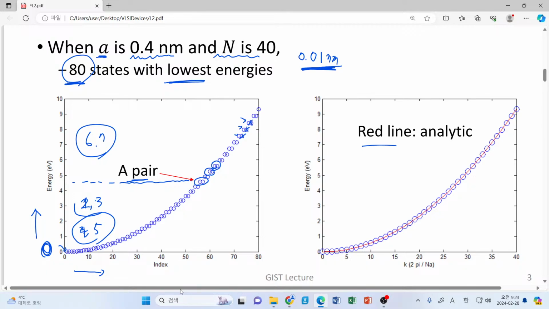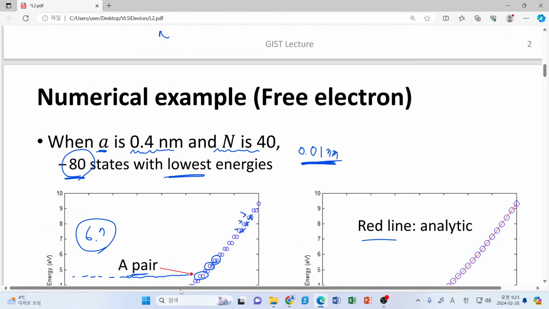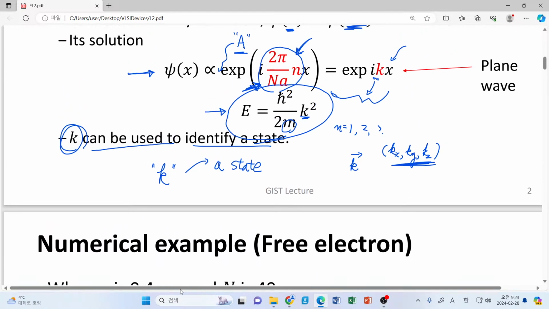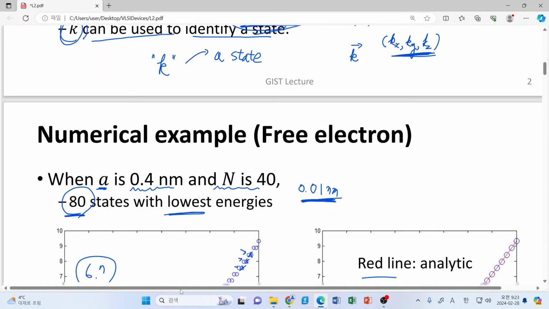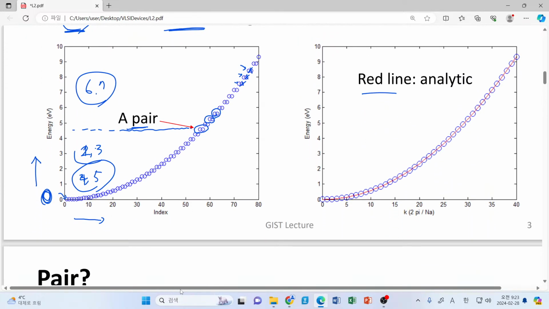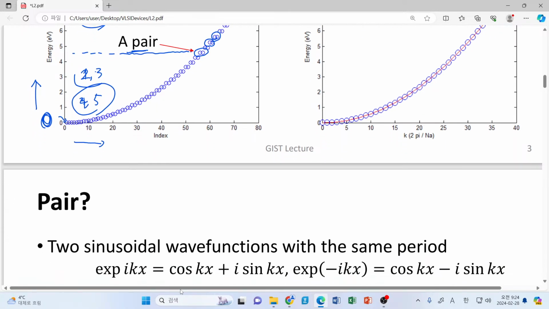That is drawn in the right figure, and that is compared with our analytic expression shown here, and you can immediately understand our numerical calculation result corresponds to the analytic case. Since this system is really simple, our numerical calculation result should be identical or closely follow this analytic expression.